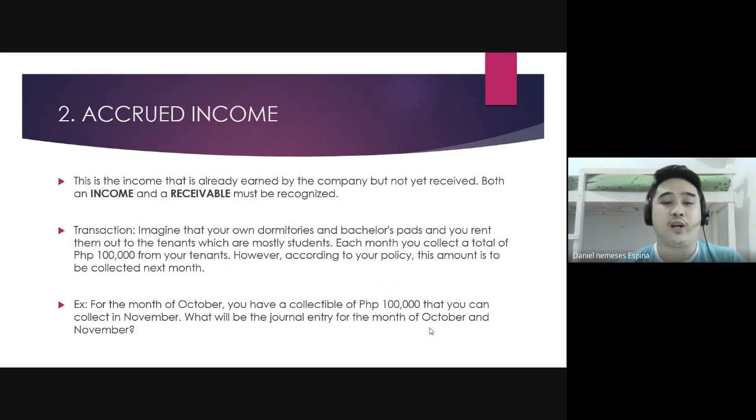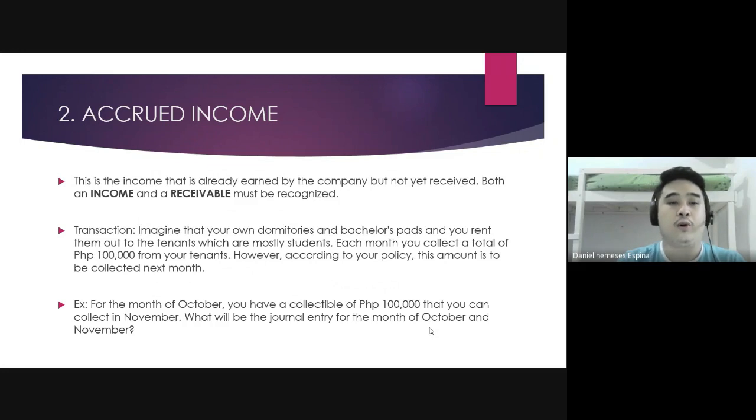However, according to your policy, this amount is collected the next month. So the next month pa nimo siya makollect because you need to finish the whole month before you can collect the rent. For example, for the month of October, you have a collectible of 100,000 that you can collect in November. So what will be the journal entry for the month of October and November?